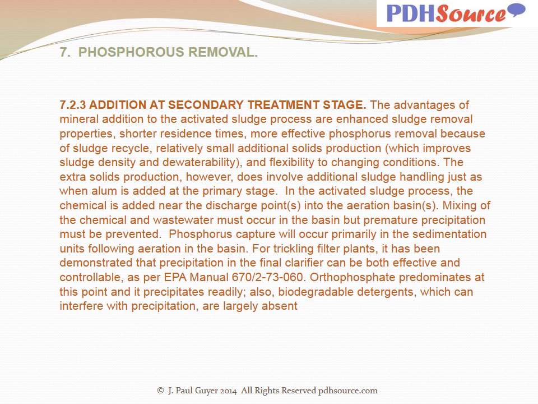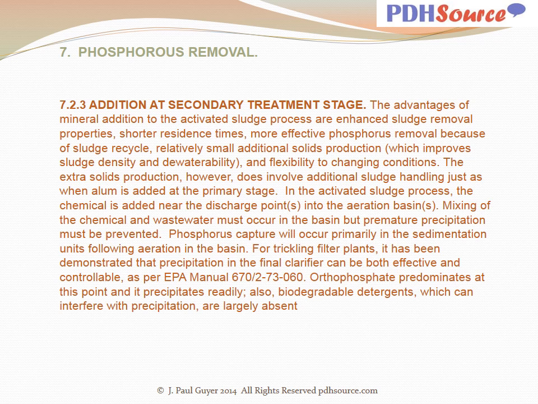For trickling filter plants, it has been demonstrated that precipitation in the final clarifier can be both effective and controllable, as per EPA Manual 670/273-060. Orthophosphate predominates at this point and it precipitates readily.